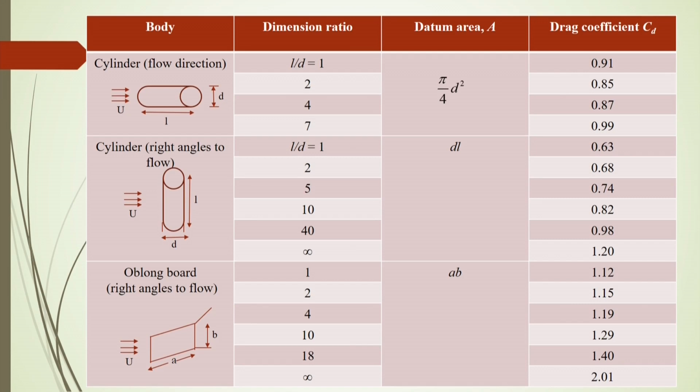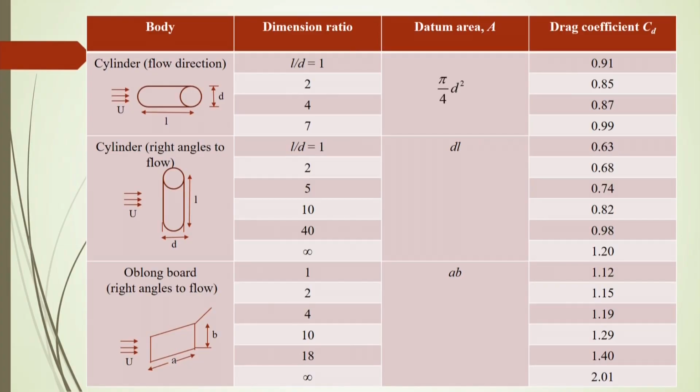Similarly, if I change this L by D accordingly, the projected area will be almost the same, but the drag coefficient will vary from 0.63 to 1.20 if you change the L by D ratio from 1 to infinity there.